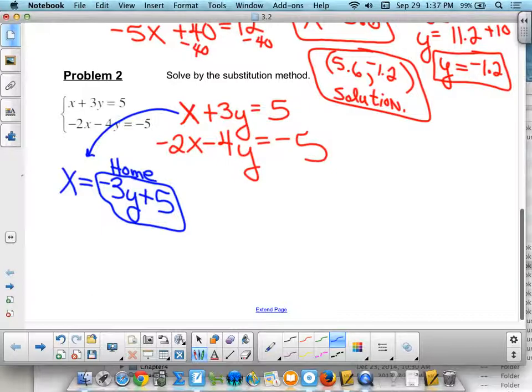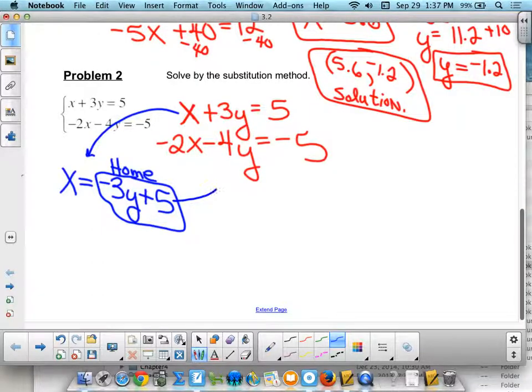Solve for x. Why did I pick the x? Because it's 1x. So then I wrote x equals -3y plus 5. That's home. I'll come back here later to get the x value. Where does this number go? We plug it in the other equation for what letter?